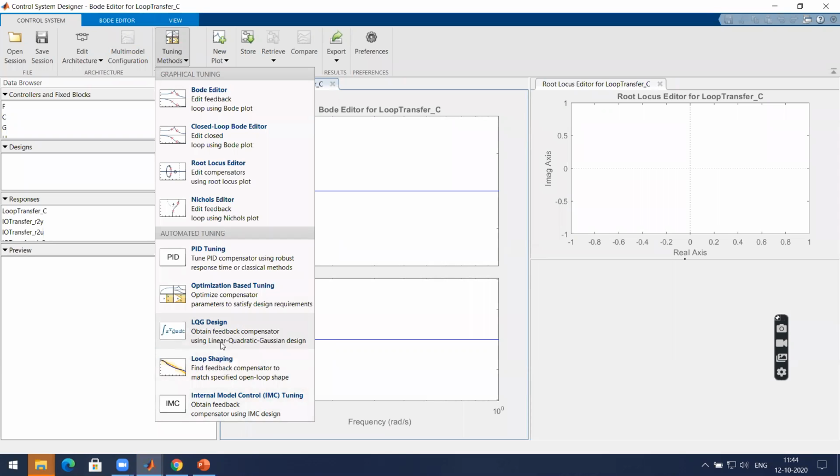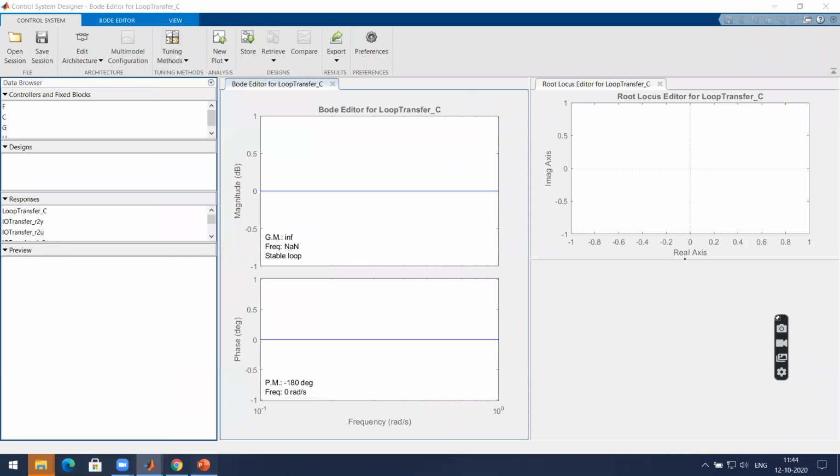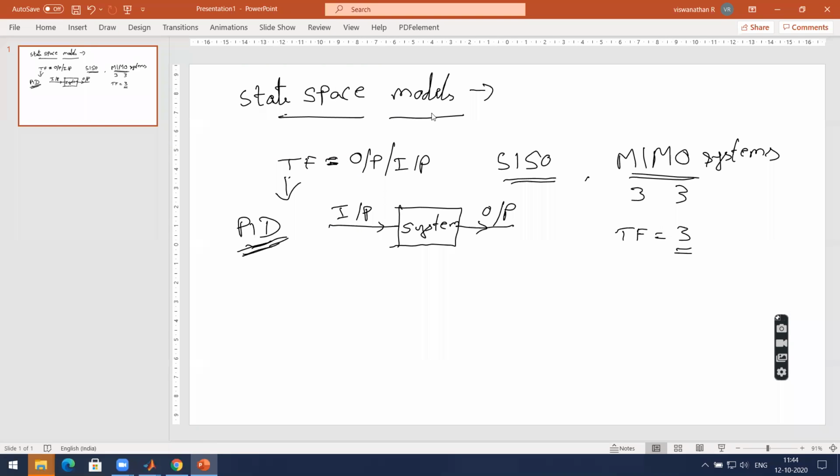There are many other methods which do not use the transfer function model, but use the state space model. PID tuning is fine with the transfer function model. The state space model is basically in the form of matrices. A transfer function had a numerator and denominator, but the state space model is in the form of matrices.